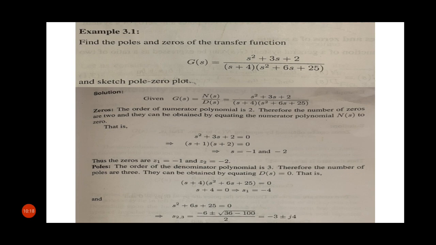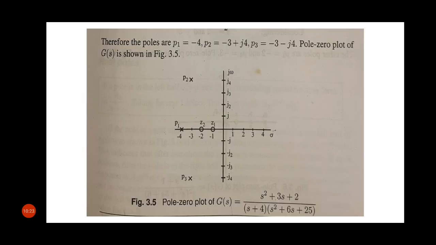Now we will see how we sketch these 3 poles and 2 zeros in the S-plane. See here, I have identified all the poles and zeros in this S-plane. Our zeros are 2, that is -1 and -2. Here I have mentioned where Z1 and Z2 are, basically -1 and -2, that means these are zeros, and these zeros I have marked by a circle. And we have 3 poles.